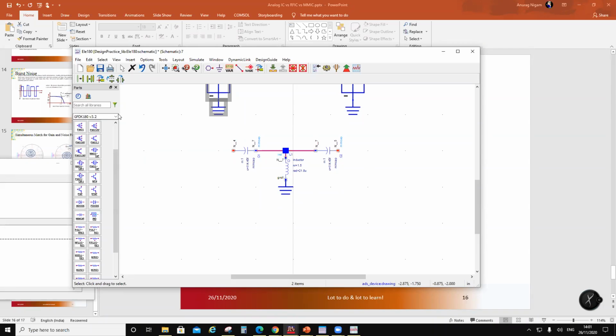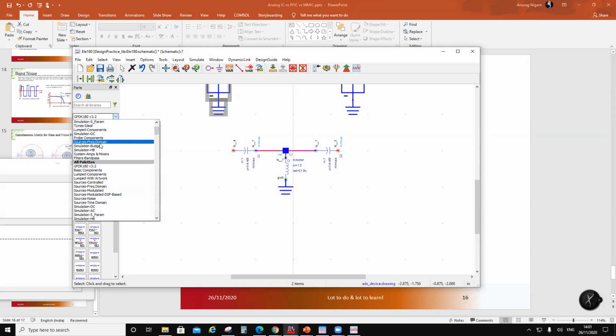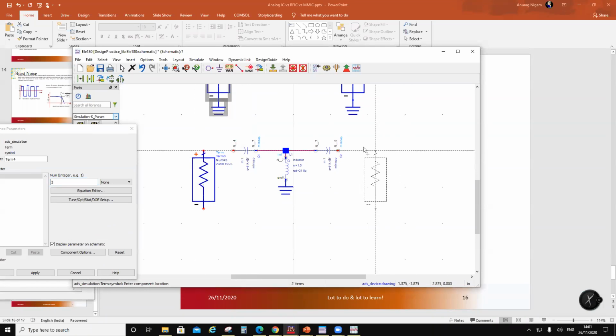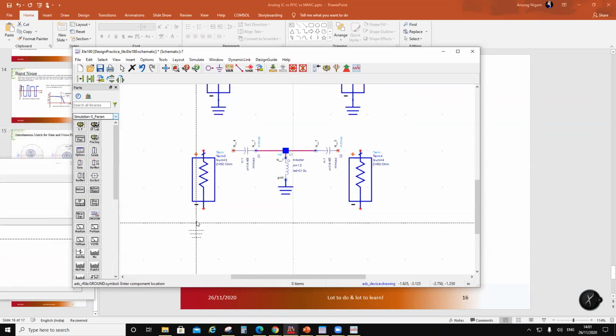Okay, so let's look at two more terminals here. Sources, frequency domain. Sorry, S parameter simulation. And this is terminal 3 and terminal 4. So this is going to give you a 90 degrees delay, plus 90.